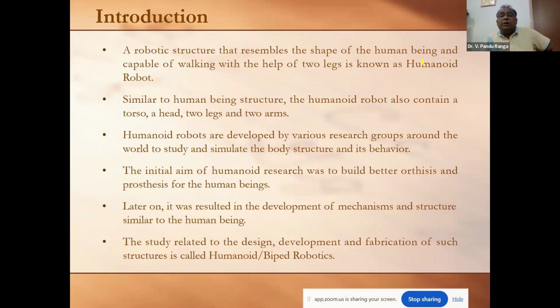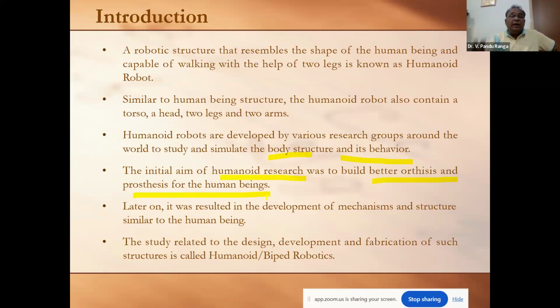These humanoid robots are developed by various research groups around the world to study and simulate the body structure and its behavior. In the early days, that was the main objective of the groups working in the field of humanoid robots around the world. And the initial aim of humanoid research was to build better orthoses and prostheses for human beings.